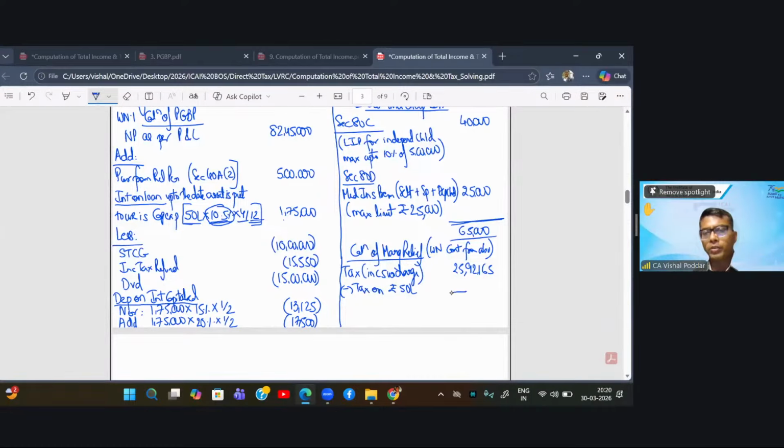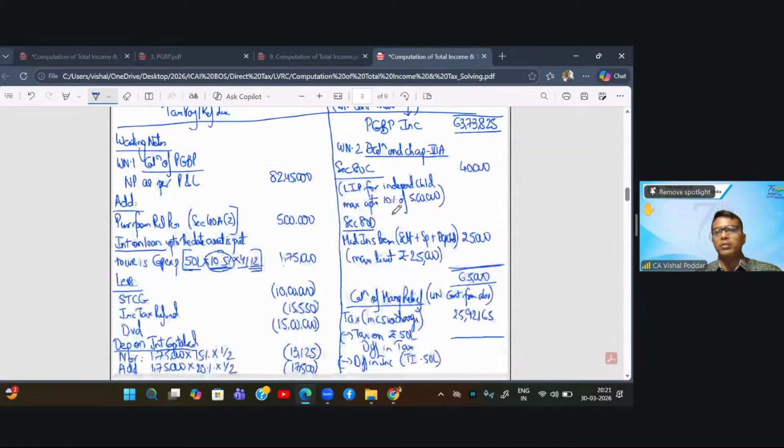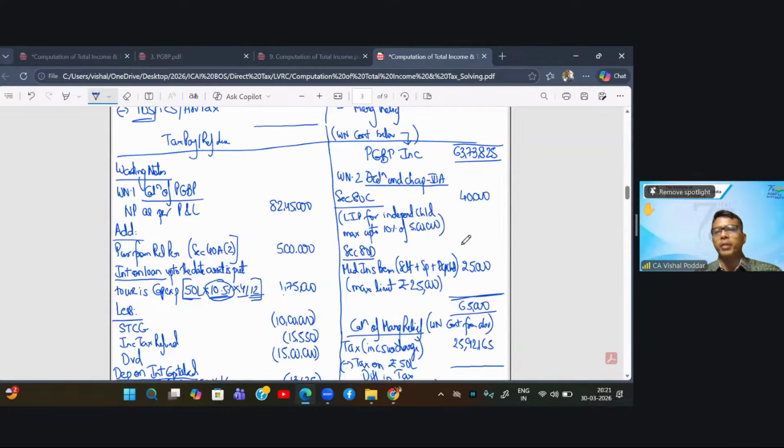Students, calculate the tax on rupees 50 lakhs by using the same slab. This is the difference in tax, sorry, difference in income, which is TI minus 50 lakhs. How much is TI? TI is 88. 88 minus 50 is 38.